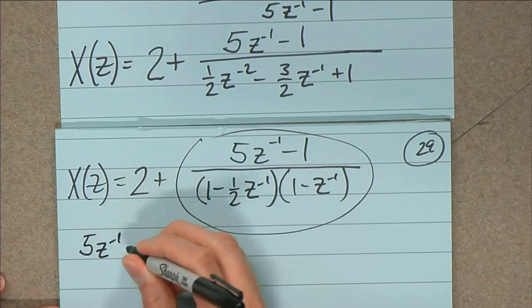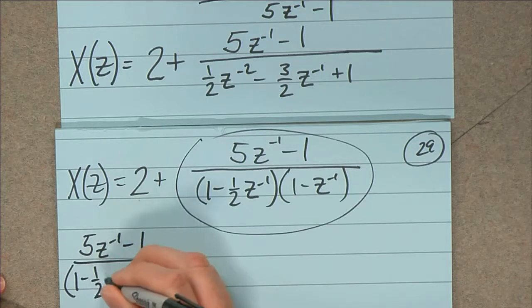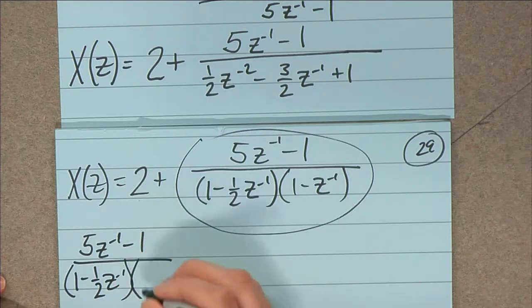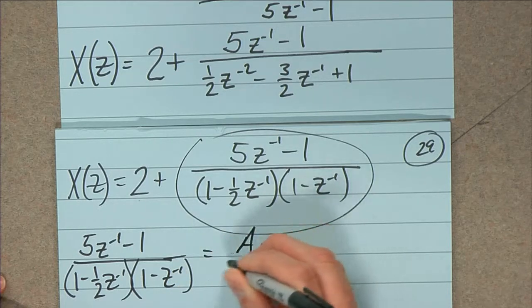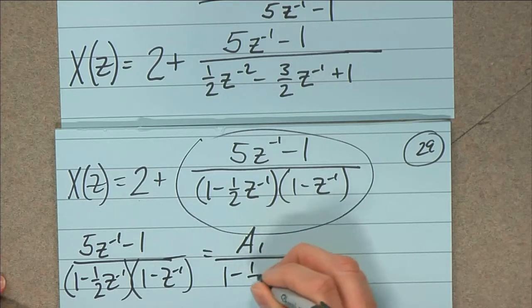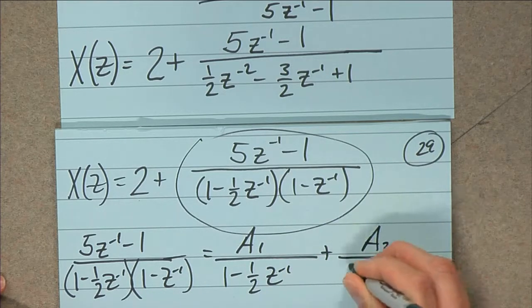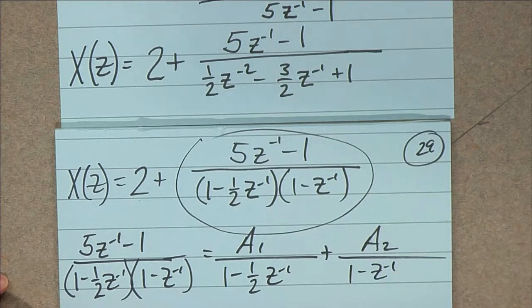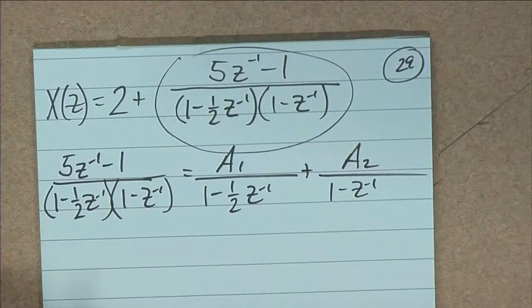So now we can go back to case 1, back to our normal way of doing this, and just go through the standard partial fraction expansion that we've already been doing.